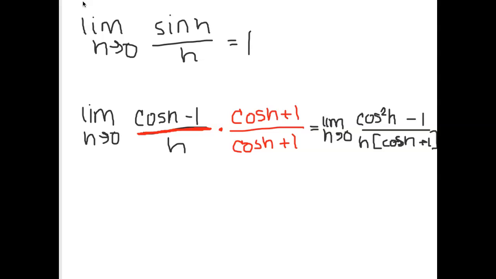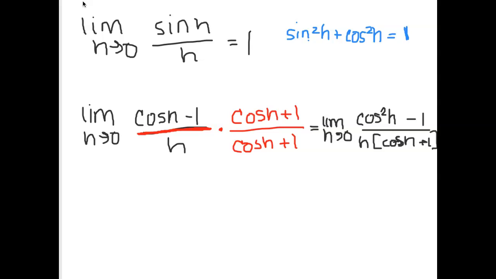Well, now, what do you know about your trig identities? Well, we need to recall from trig identity days that sine squared plus cosine squared is equal to 1.